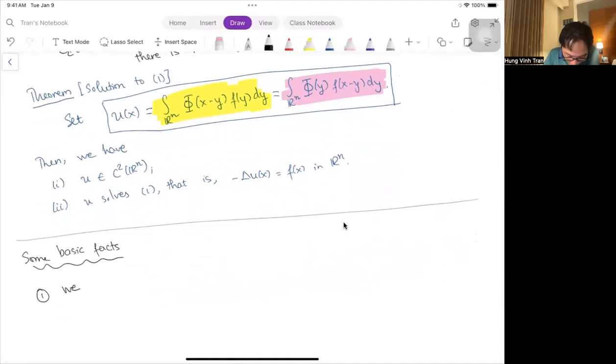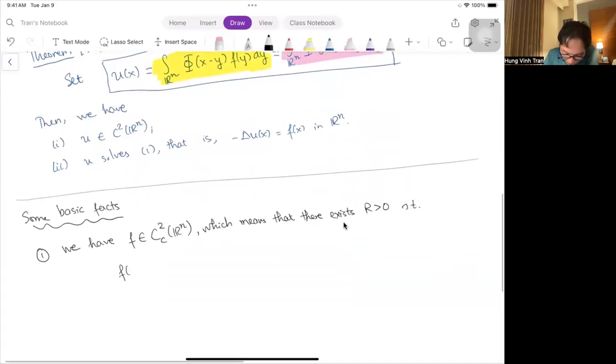So we are given that f is in C2C of Rn. Let's write out explicitly what that means, which means that there exists a radius r greater than 0 such that f of x is totally 0 for |x| greater than or equal to r, right?